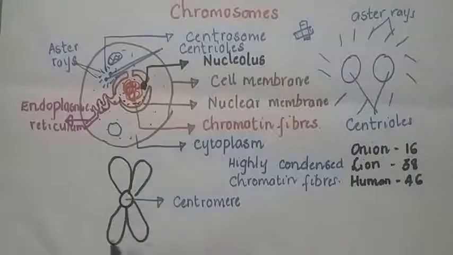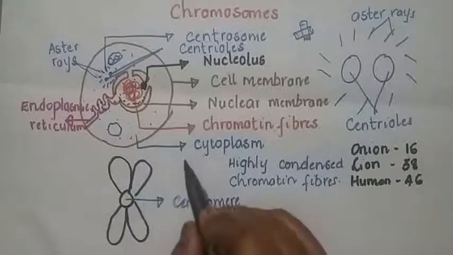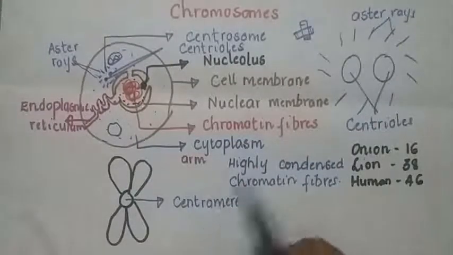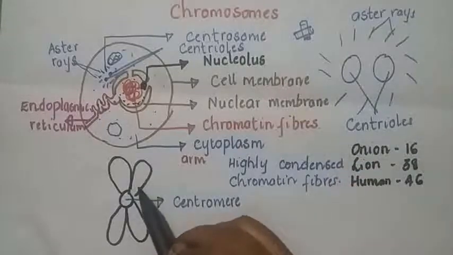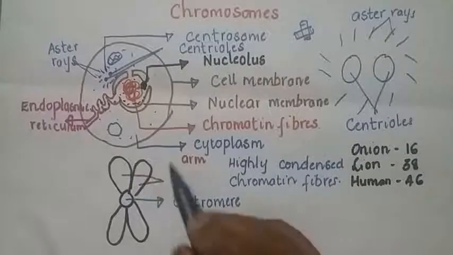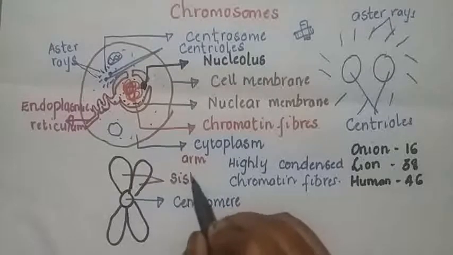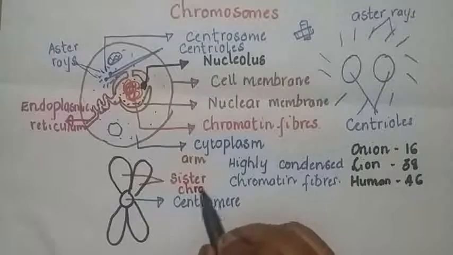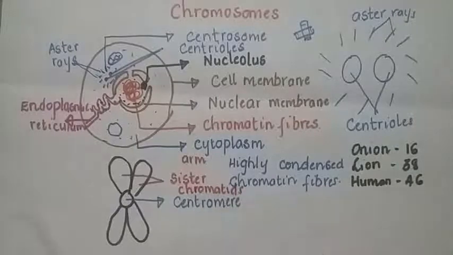So what do we call these structures? You can say that there are 4 arm-like structures which appear like arms. So what do we call these structures? We call these structures sister chromatids.